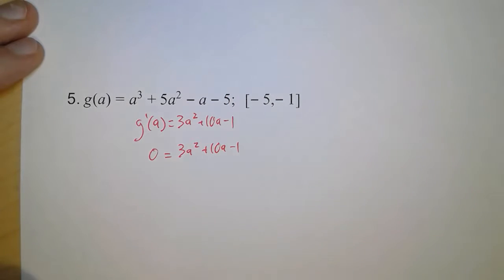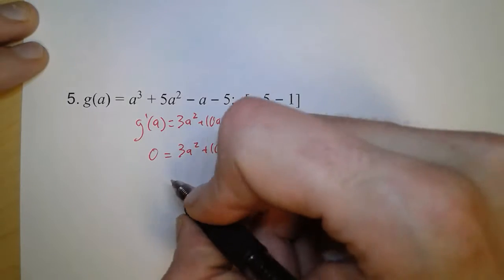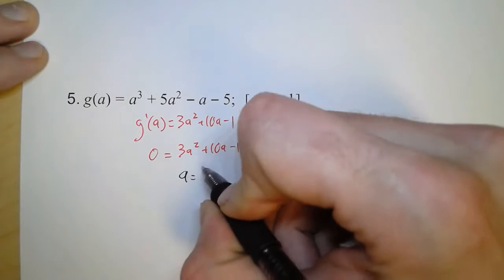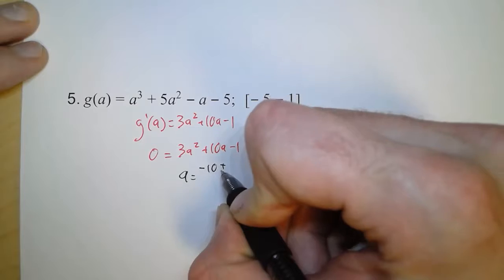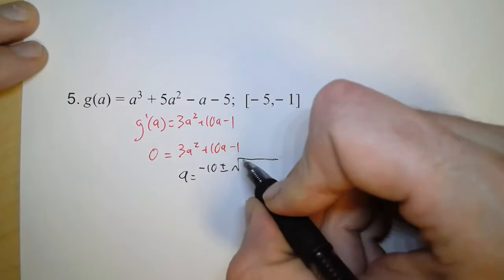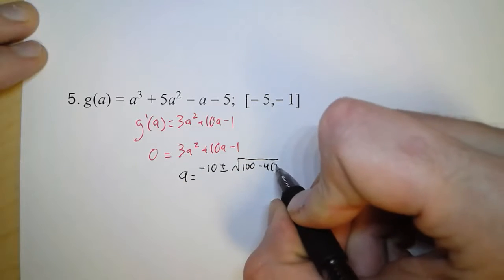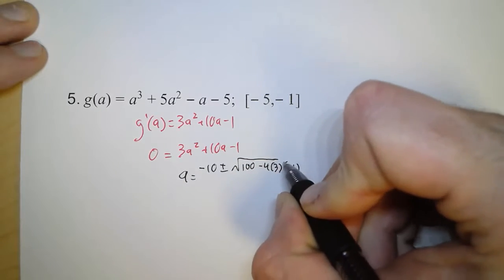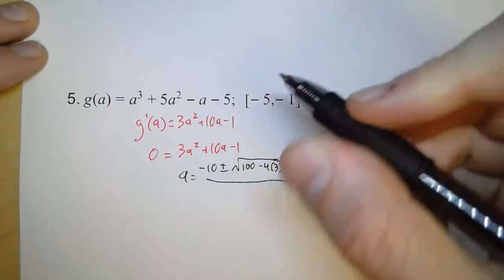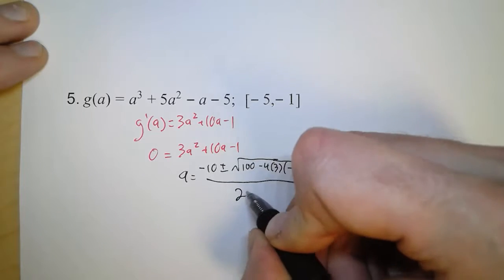And unfortunately, this one is not going to factor at all. So because it can't factor, we'll reach for the quadratic formula. So -b, that's -10, plus or minus the square root of b squared, that's 100, minus 4 times a, which is 3, times c, which is -1, all over 2a, so that's 2 times 3.